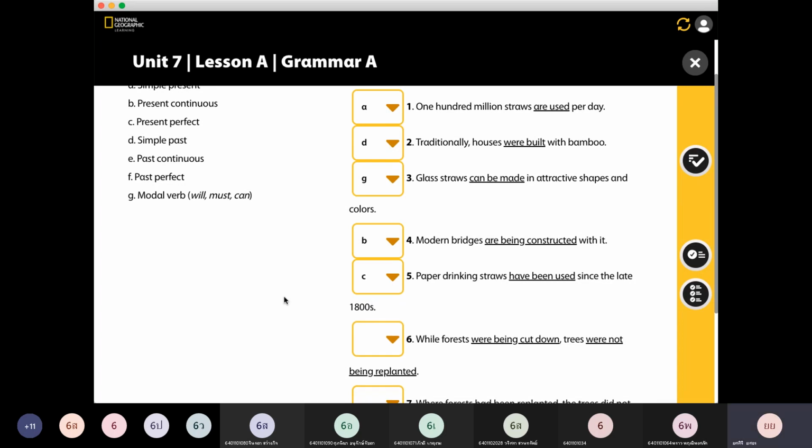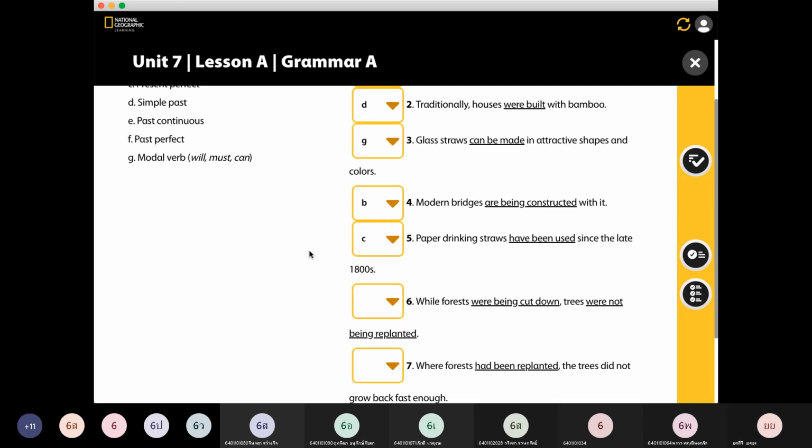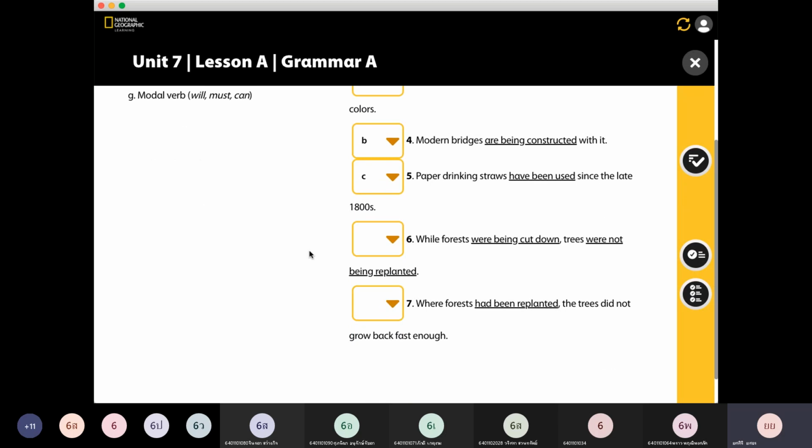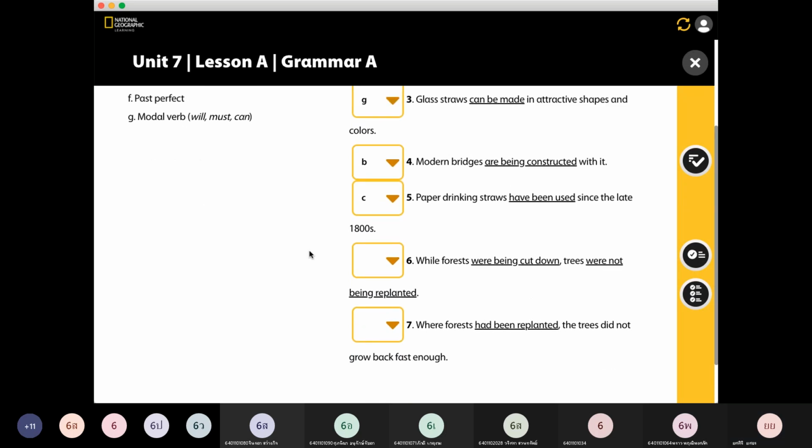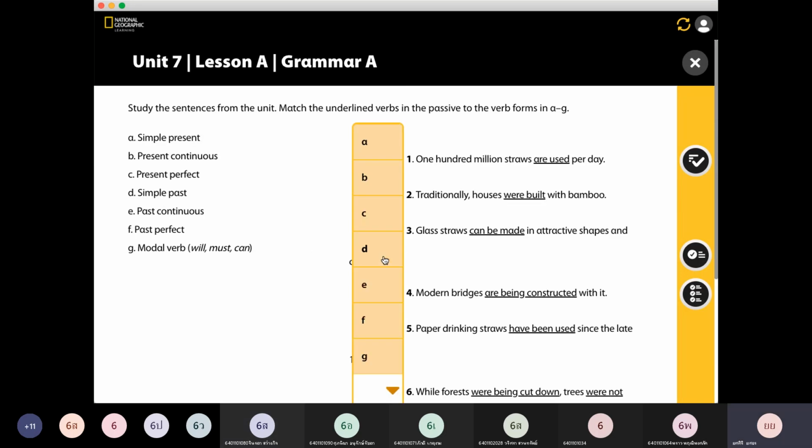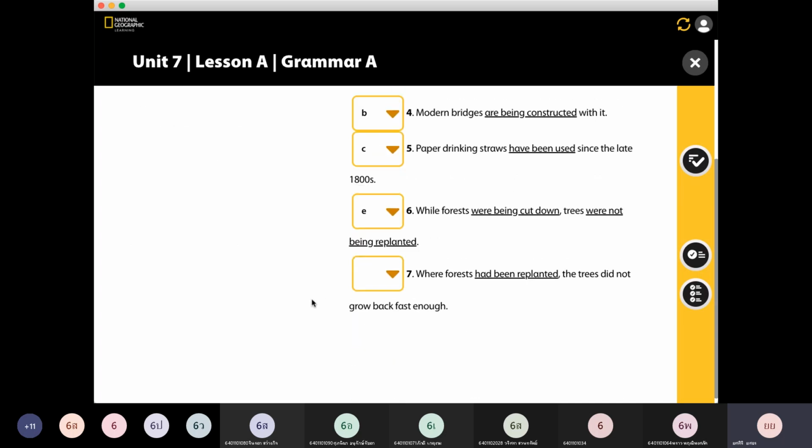Number 6, E. Okay, and number 6 is past continuous.